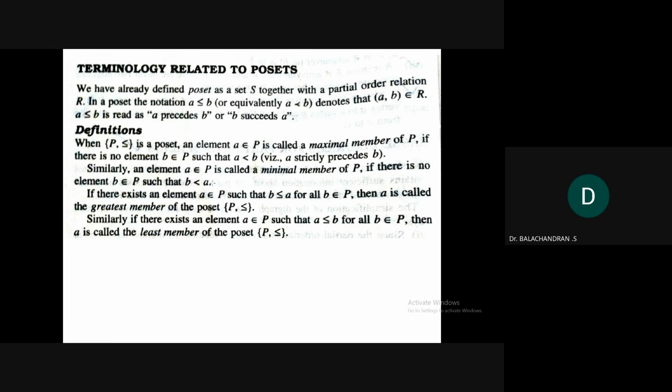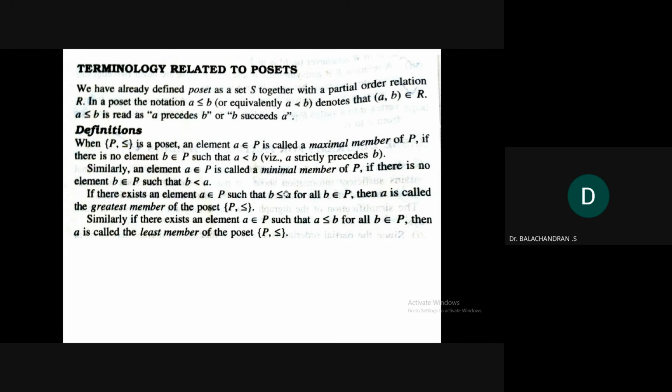Next, if there exists an element A in P such that B ≤ A for all B in capital P, then you can say this A is the greatest member.